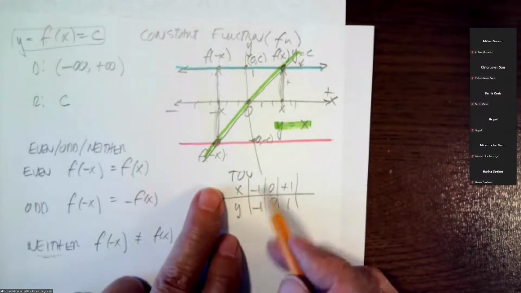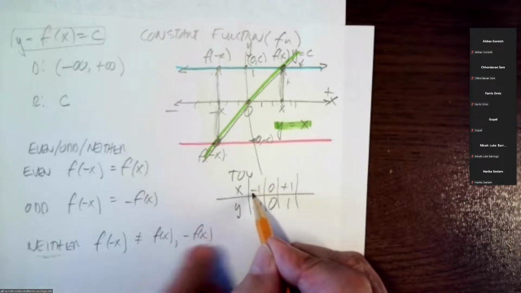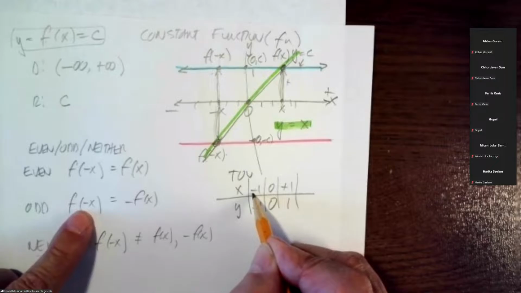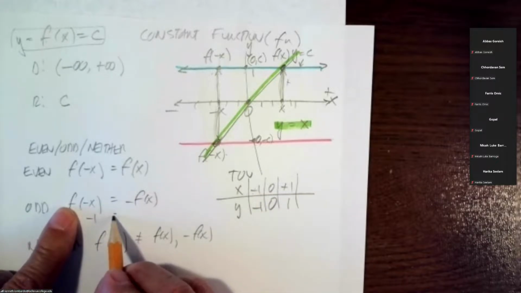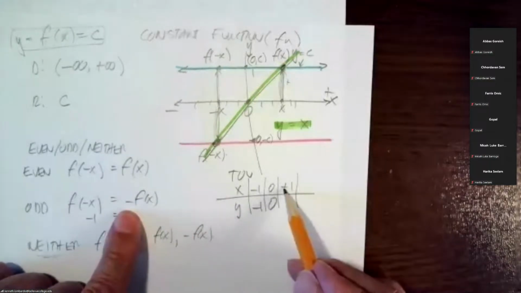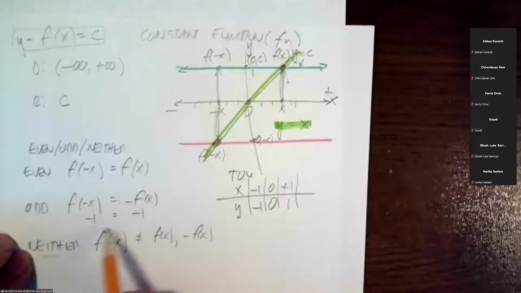So then what's f evaluated at -1? That's going to be equal to -1. And negative f of x, that's the negative of f of this, which is +1, so that's going to be -1 again, isn't it?